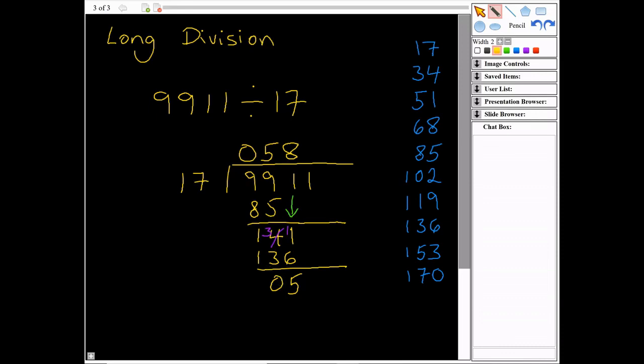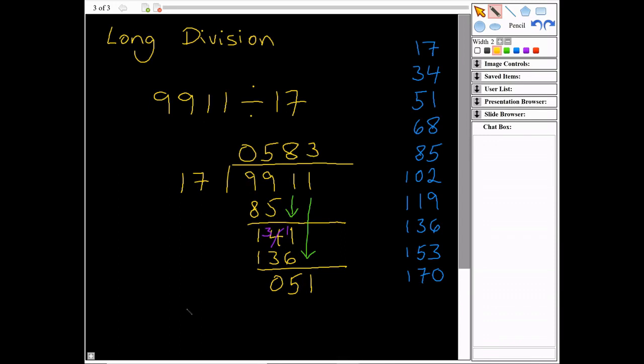And then I need to bring down the 1 down here, and I've got 51. Then I would say how many 17s go into 51, which I can see would be 3, and that's gone exactly. So that would be my answer.